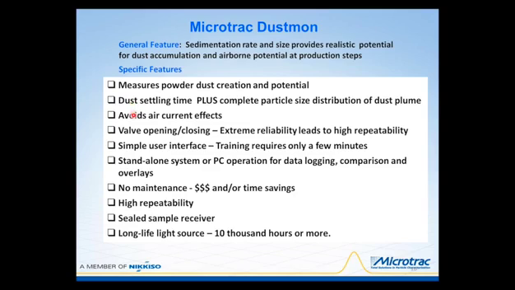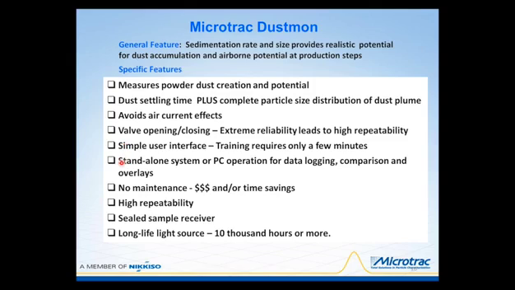It avoids air currents, so there is no interference of that type. The valve opening and closing is extremely reliable and leads to high repeatability of these measurements. It's a very simple user interface. It takes on the order of about 5 minutes or less to train someone to use the instrument.